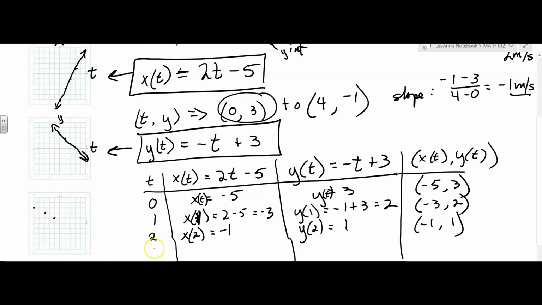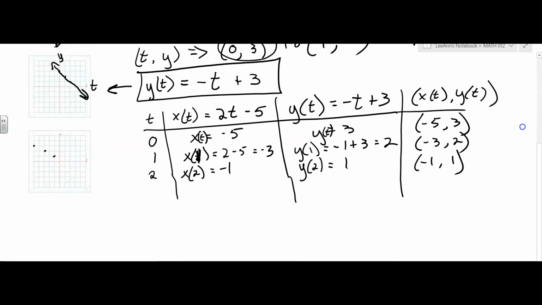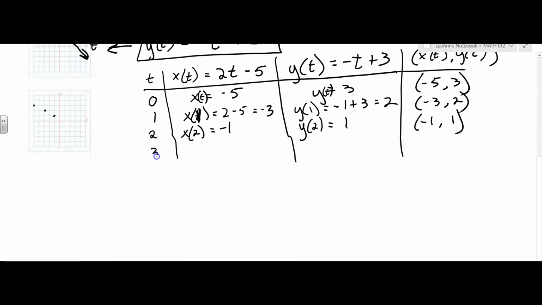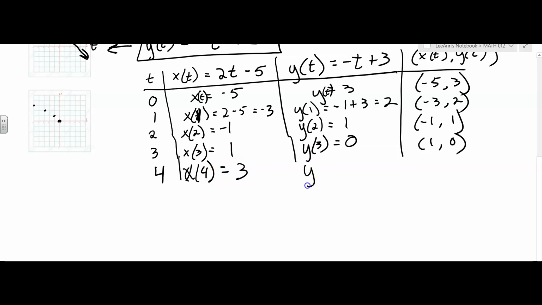Then at 3 seconds, x of 3 is going to be 1, and y of 3 is going to be 0. So you get the point 1, 0. And then at 4 seconds, when the object stops, you have x of 4, which is going to be 3, and y of 4, which is going to be -1.